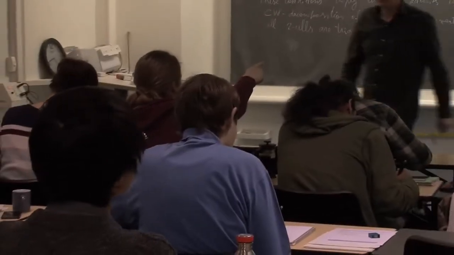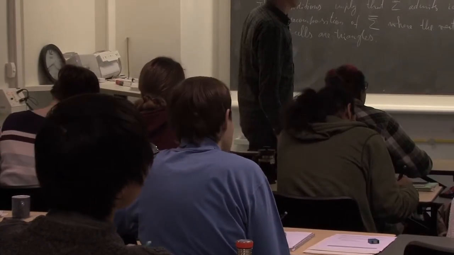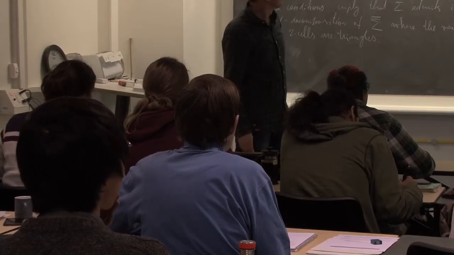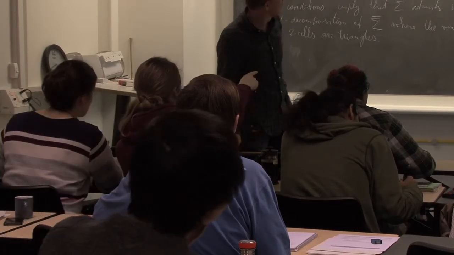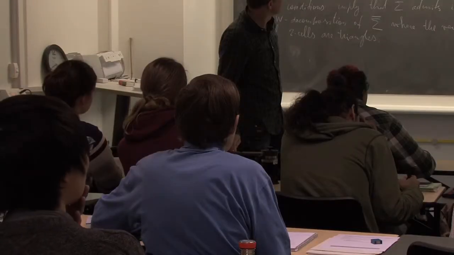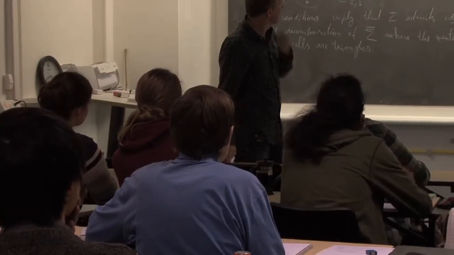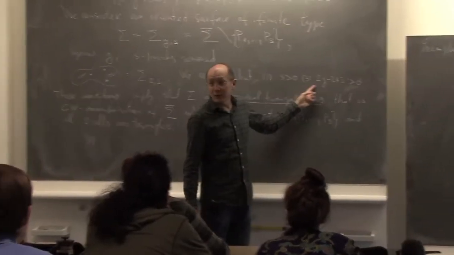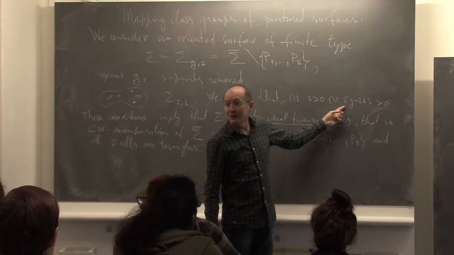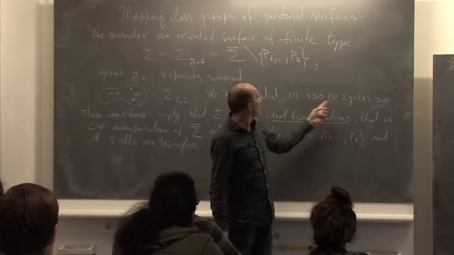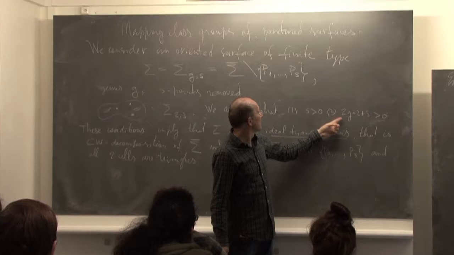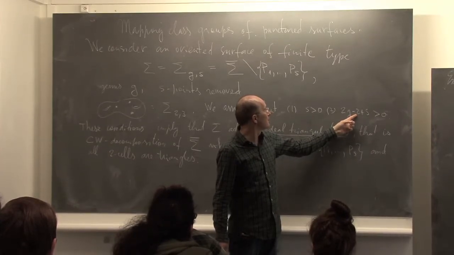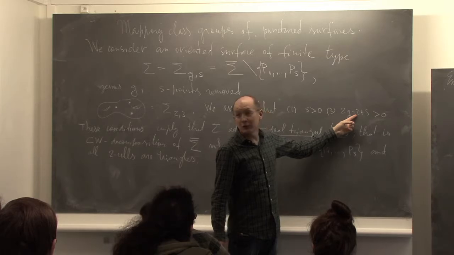Excuse me, is that second condition correct? Because 2g minus 2 plus s greater than 0 is trivial if g is greater than or equal to 0. Trivial what? s is larger than 0 and g is larger than or equal to 0. What's the problem with this? It seems trivial. No, it is not trivial if g equals 0.